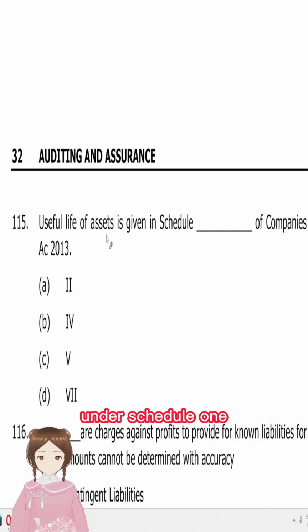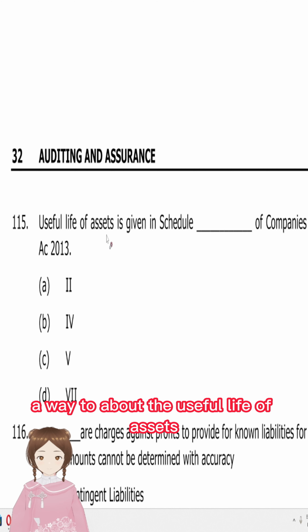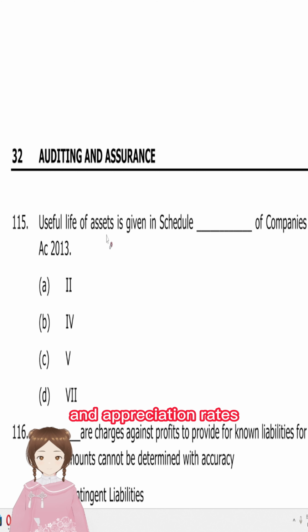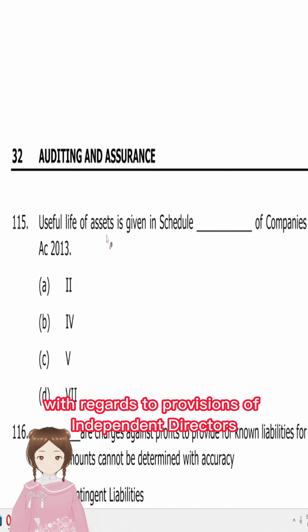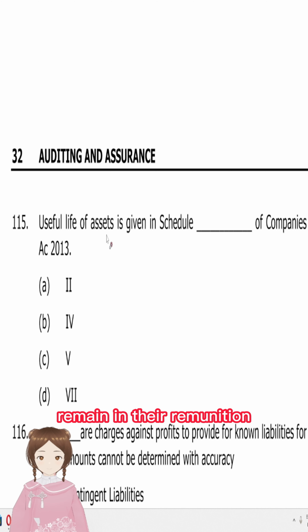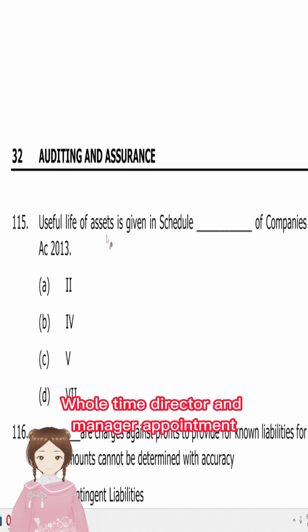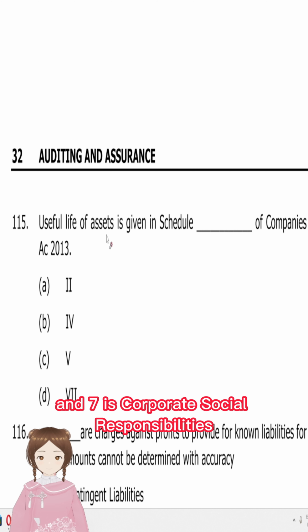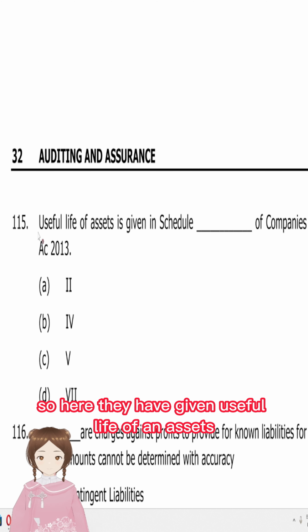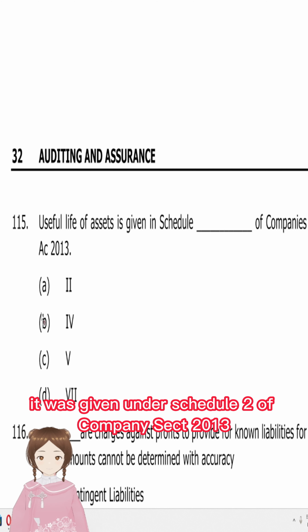Under Schedule 1, they have given MOA, AOA. 2, about the useful life of assets and depreciation rates. 3, format of balance sheet and P&L. 4 is with regards to provisions of independent directors and their remuneration. 5, managing director, whole time director, and manager appointment. 6, infrastructure projects, and 7 is corporate social responsibilities. So here they have given useful life of assets. It was given under Schedule 2 of Companies Act 2013.